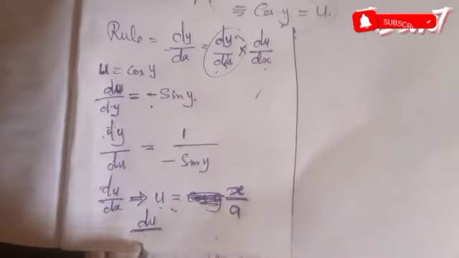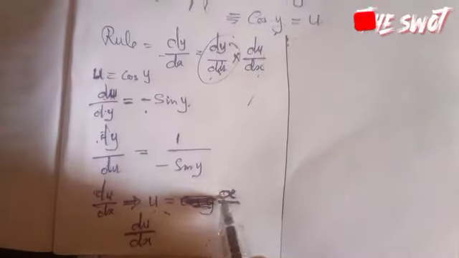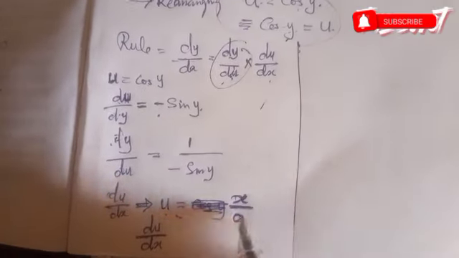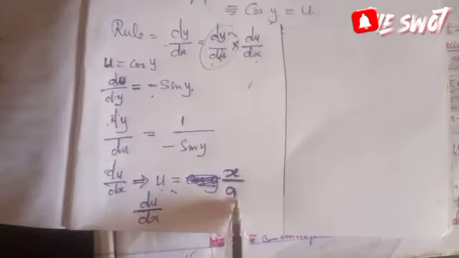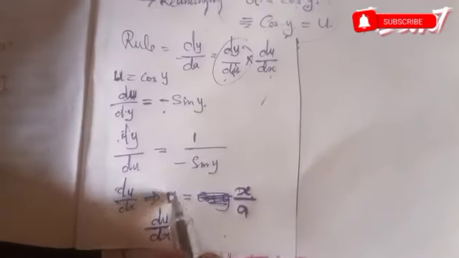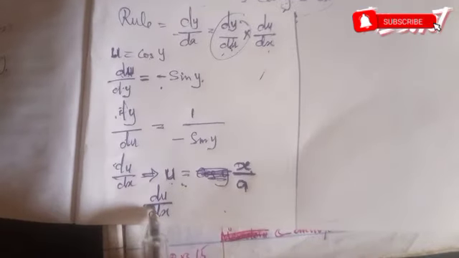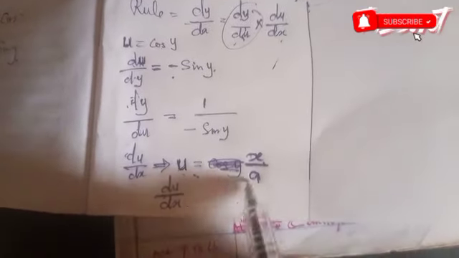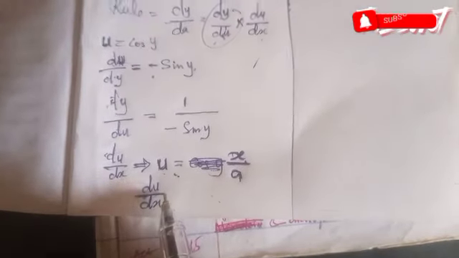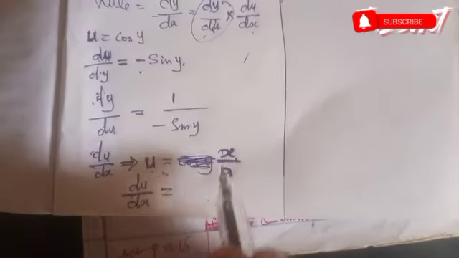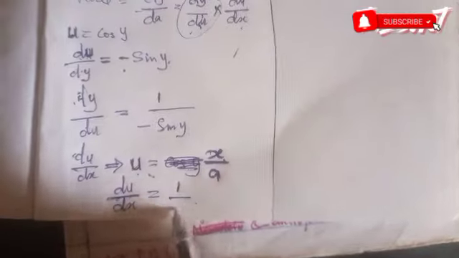This is with respect to x, and that one was with respect to y. Any variable you are differentiating with respect to must be in that question. So if you differentiate x over a, it becomes 1 over a, since a is a constant.